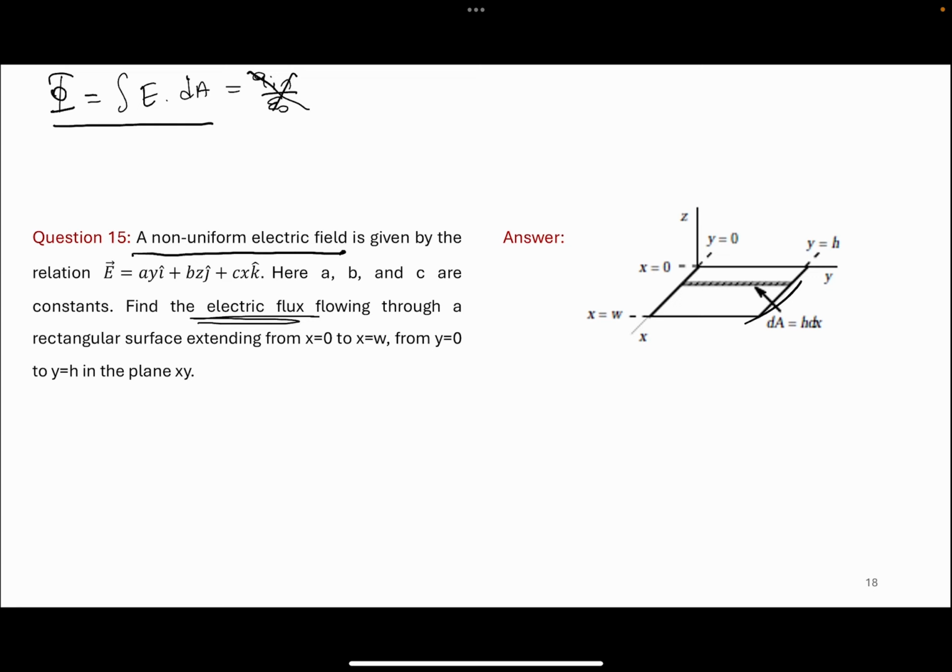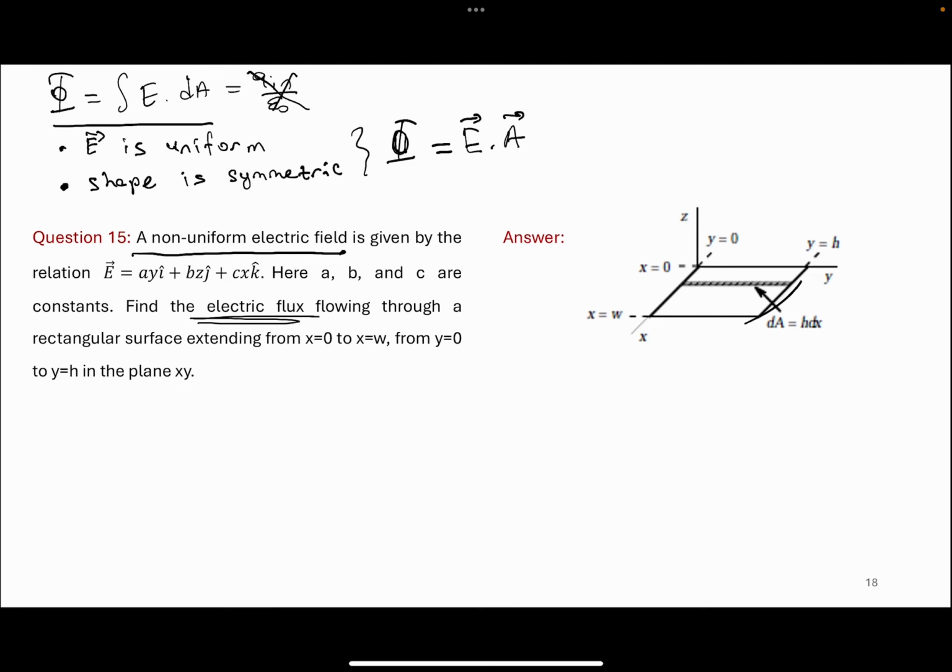But normally, if the electrical field is uniform and the shape is symmetric, you don't need to take the integral. You can just say flux equals E multiplied by the surface area, sorry, E multiplied by the surface.